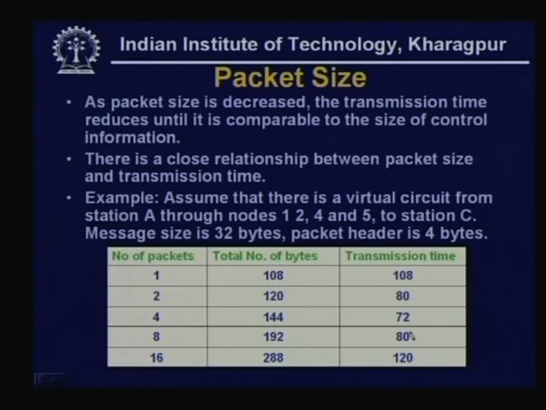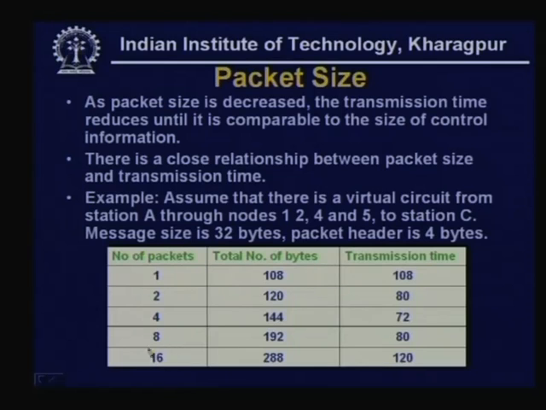However, the transmission time is now increased to 80, because the benefit of parallelism is compensated by the higher overhead. This higher number of bytes is responsible for this longer transmission time.